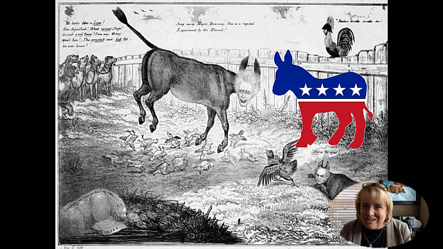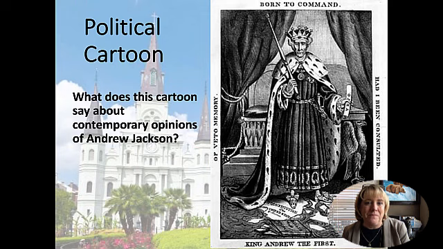It wasn't like this conscious thing where Jackson said, hey, I'm going to make the donkey the symbol for our party. Instead, a very famous cartoonist by the name of Thomas Nast is actually going to create this representation. But he bases it on Jackson's word, and he bases it on this cartoon right here.